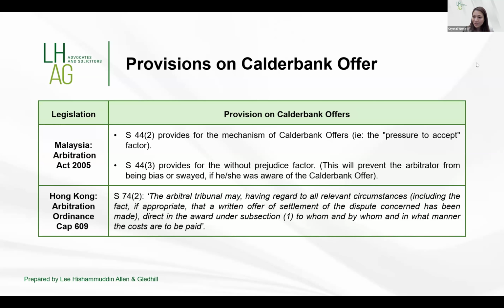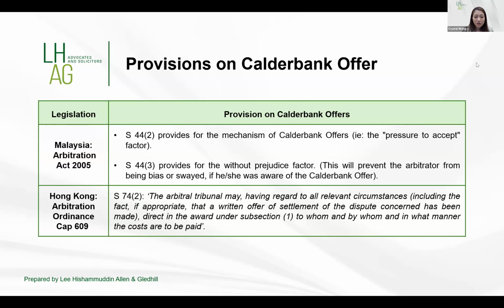But what we have still, and it will be before you, you will see that the Malaysian Arbitration Act, the Hong Kong Arbitration Ordinance, as well as the New Zealand Arbitration Act actually provide for a Calderbank offer or a mechanism akin to a Calderbank offer. So I call these the exceptional examples of the latest development in arbitration acts, and you can see that in Malaysia, Hong Kong, and New Zealand. Starting from Malaysia, if you look at Section 44(2) itself, it provides for the mechanism of the Calderbank offer, the pressure point, if you like to put it.